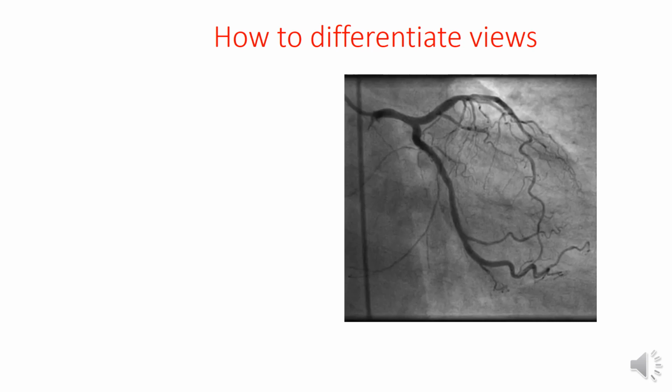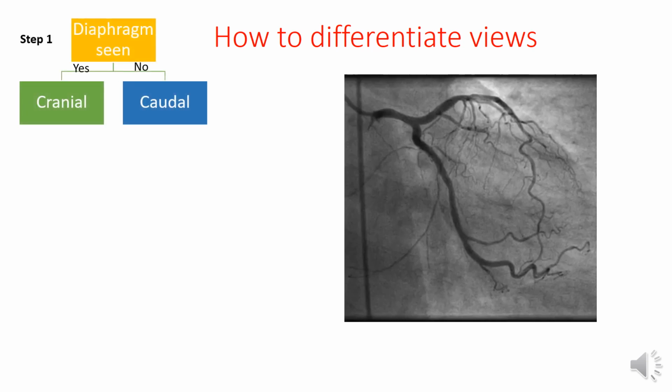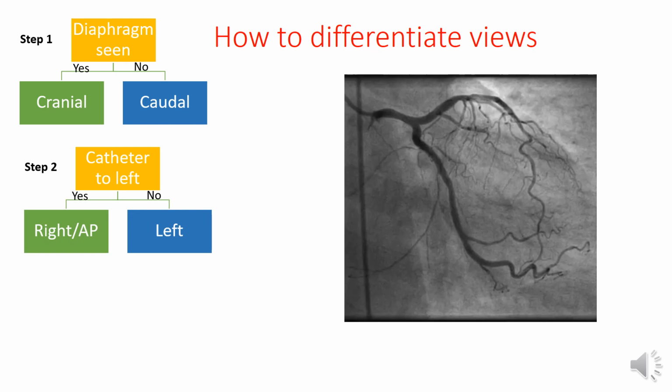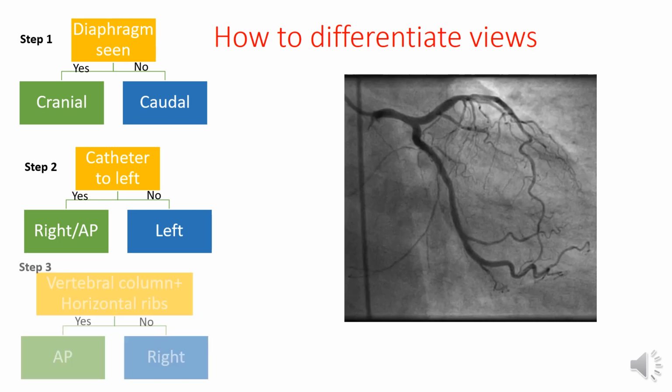Another example. Here we can see the diaphragm, so this is a caudal view. The catheter is on the left, so it is a right cranial or right caudal or epicaudal view. We can see the vertebral column and the ribs are oblique, so this is a right caudal view.